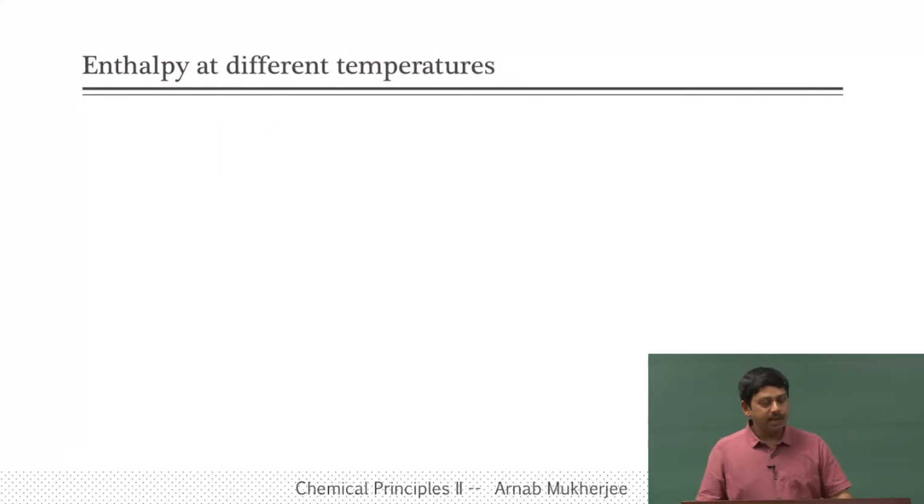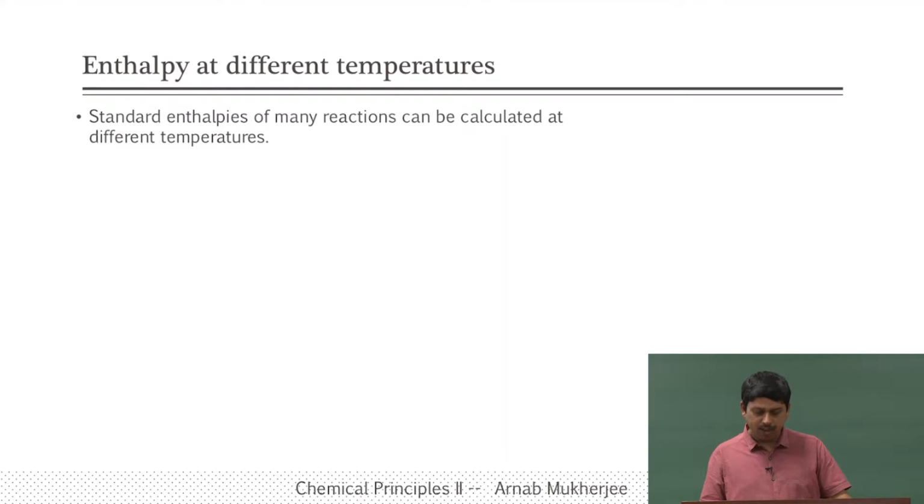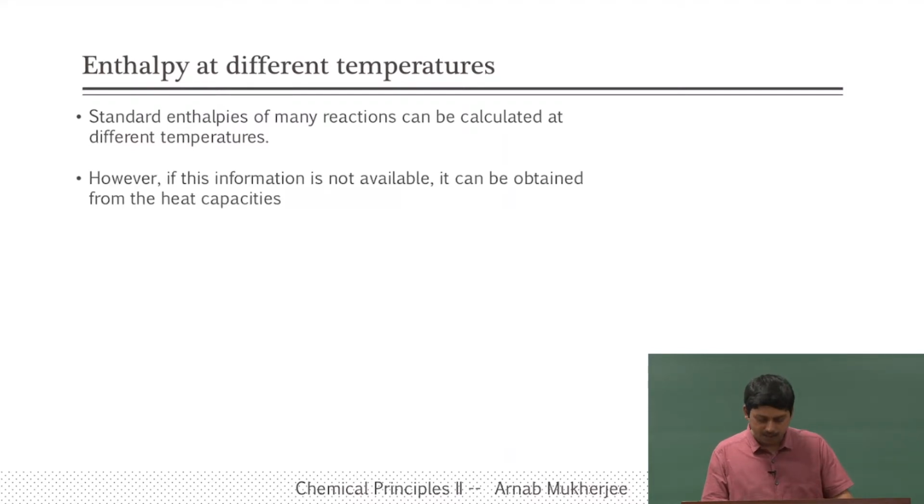Now how do you get enthalpy at a different temperature? In order to understand that, we have to see that standard enthalpies are defined only for 1 bar pressure, but it can be at any temperature, right. Standard enthalpy of many reactions can be calculated at different temperatures. However, if this information is not available, it can be obtained from heat capacities.